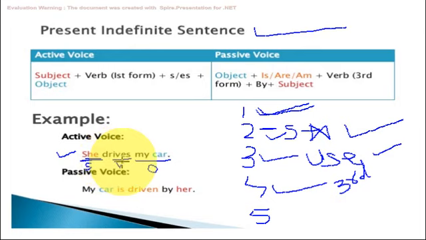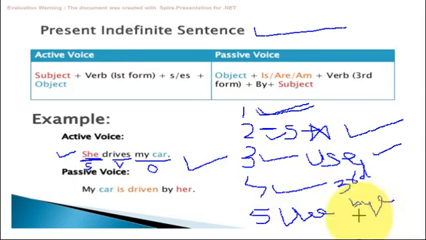So we have to use its third form to convert it into a passive sentence. Now the fifth rule is use by to show the agent. It is very important. Now the rules are over.